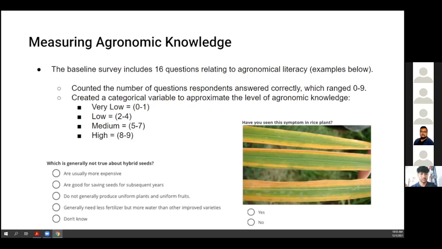Then we count the number of questions that they get correctly, which range from 0 to 9 questions. From those results, we divide them into 4 categories of agronomical knowledge: very low, low, medium, and high.